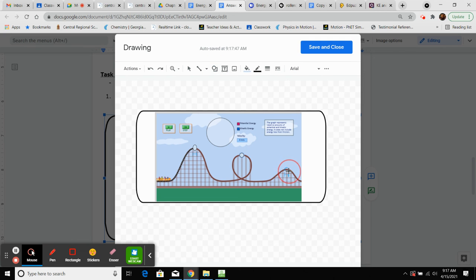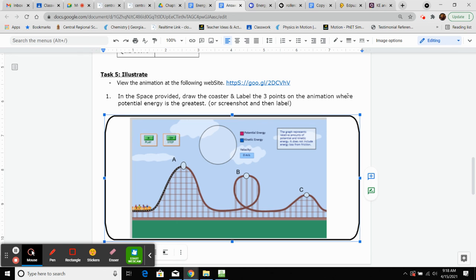Those would be the spots where we have our next best potentials. So point A, B, C. You can label them. You can make a text box if you want to label A, B, and then C. So it should vaguely look like that.